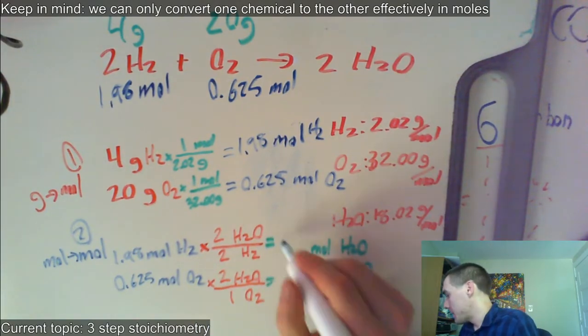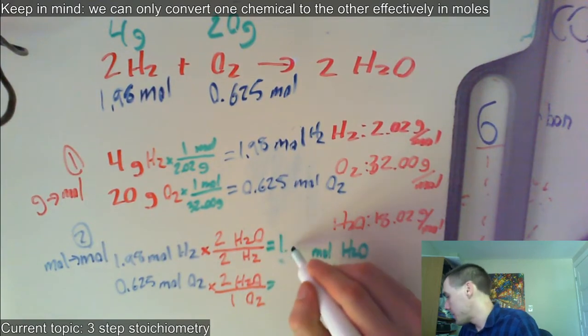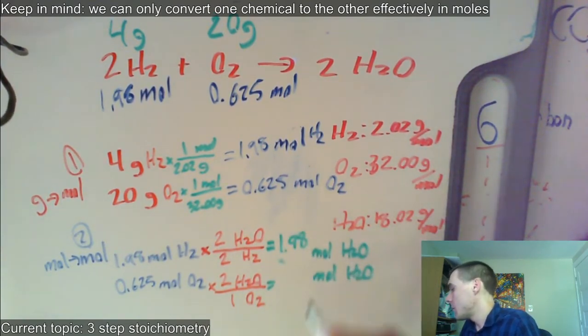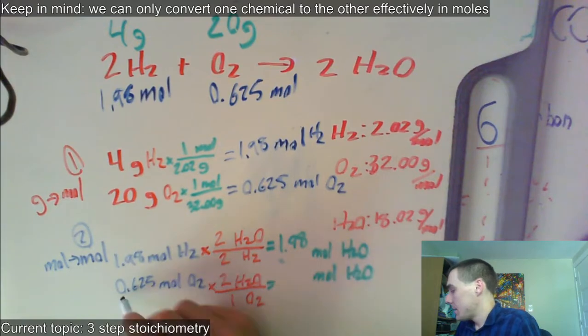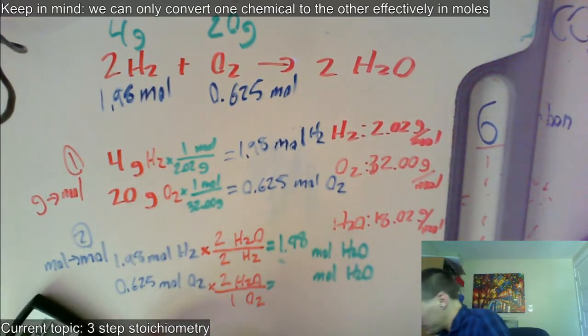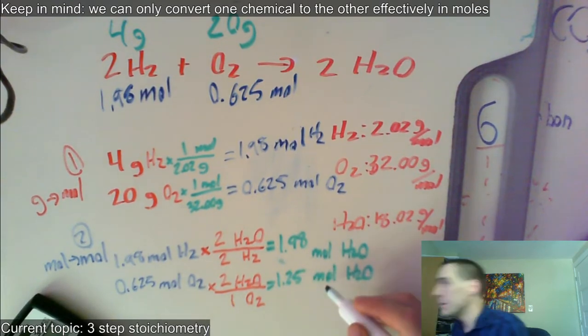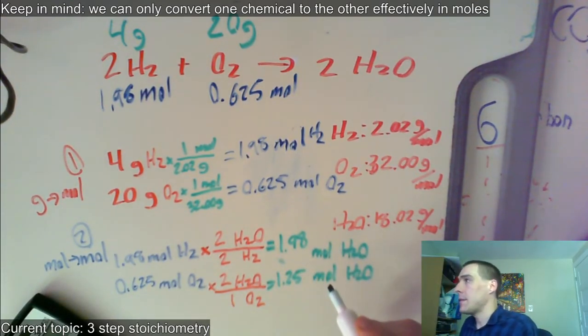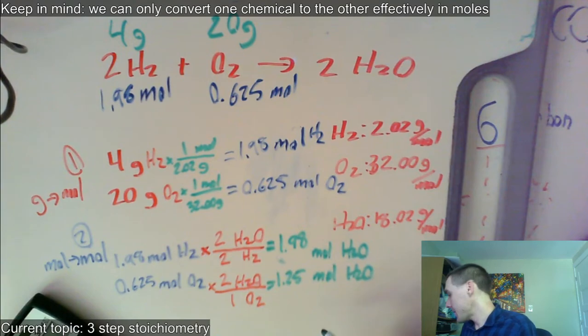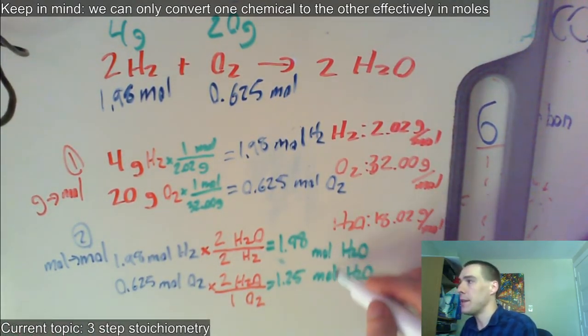So this is 2 over 2, which is the same, so 1.98 moles of H2O. 0.625 times 2 is 1.25 moles of H2O. So now we've gone to the next level. We've finished step 2. We know how many moles of H2O each of these can make.